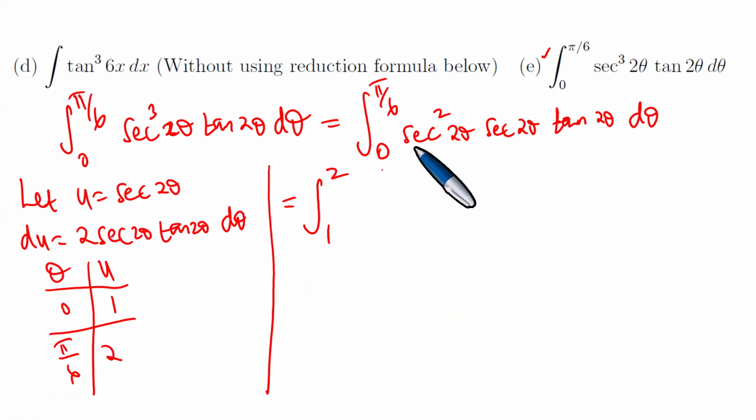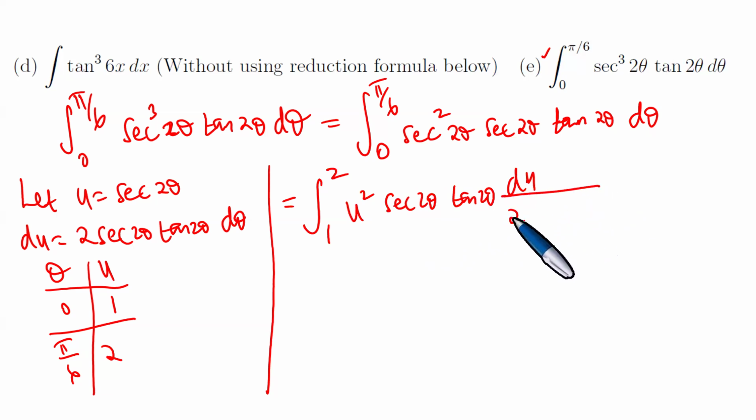We call the secant of 2 theta u, so that it becomes u squared. Then the tangent of 2 theta d theta is du divided by 2 times the secant of 2 theta.